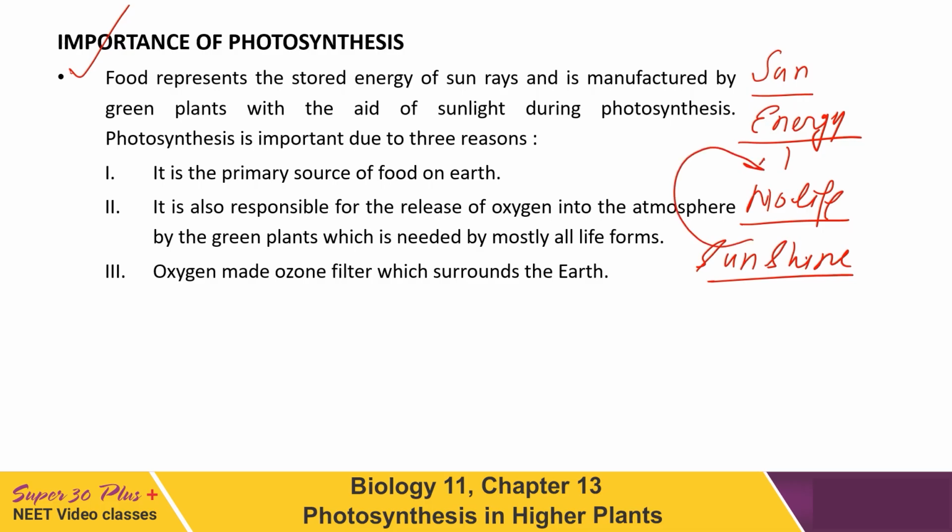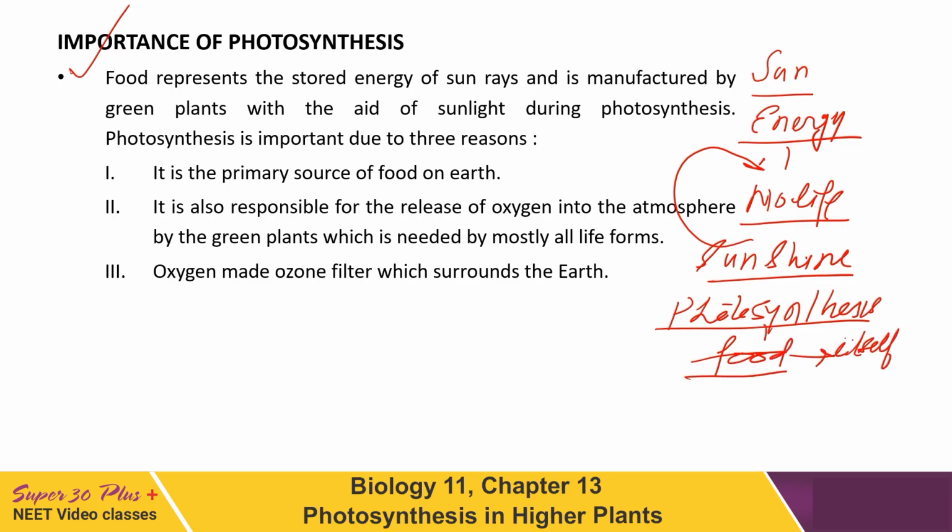What we mean by this is, by utilizing sun energy, the plant does the process of photosynthesis, and by doing so they prepare the food, and this food will be used by the plant itself, and the remaining will be used by the whole universe, by almost all living things.